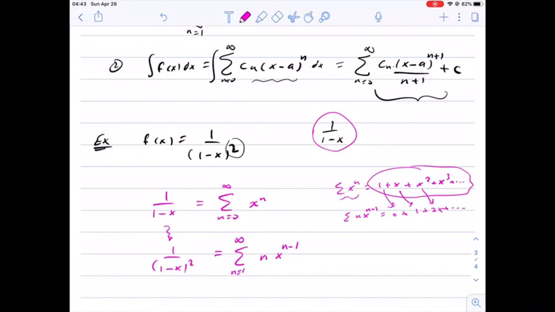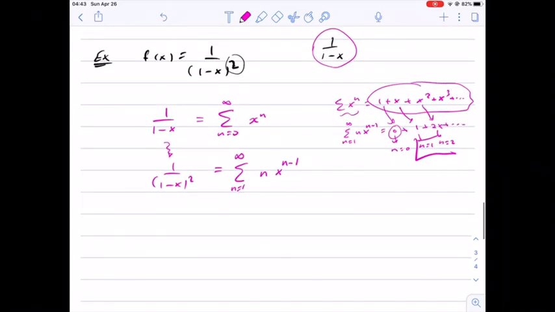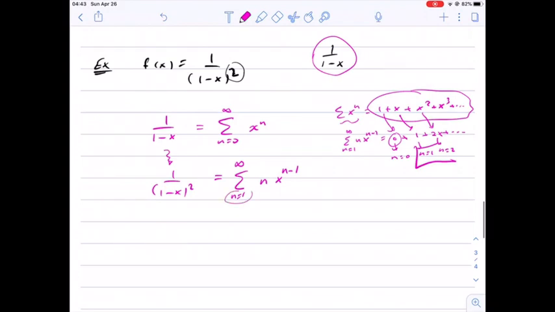This corresponds to n equals 0, then n equals 1, then n equals 2. But the first term is 0, so it will not affect the sum. That's why we start from n equals 1 after differentiation, and that's what we did here.